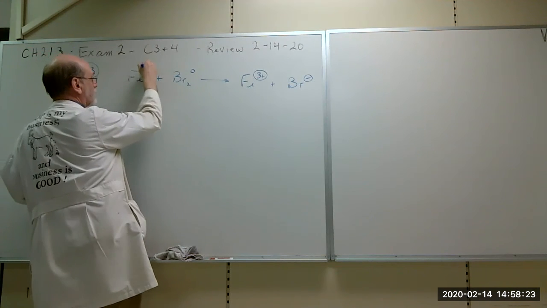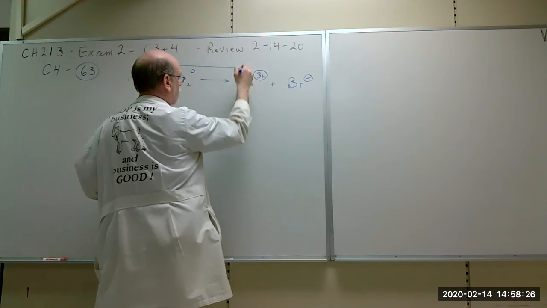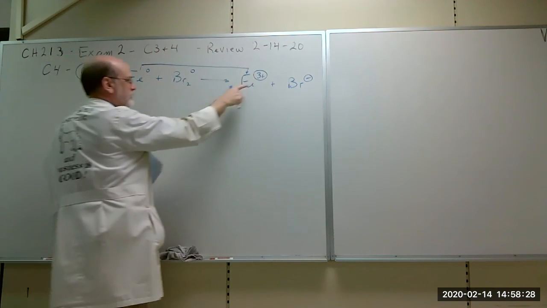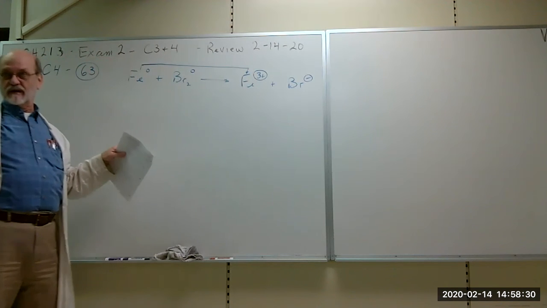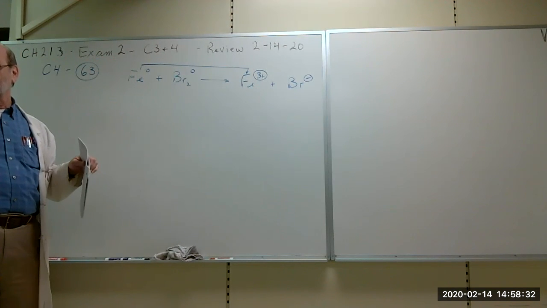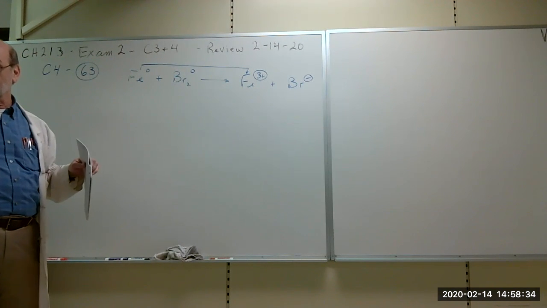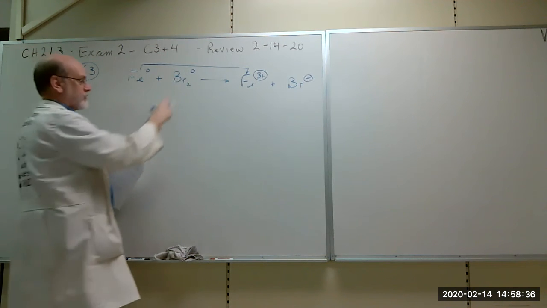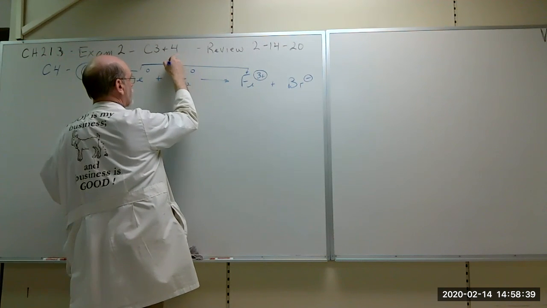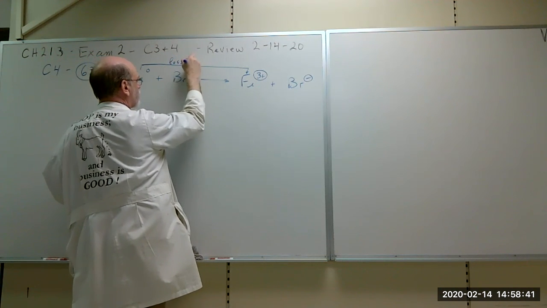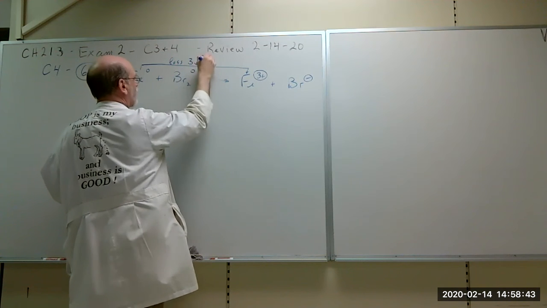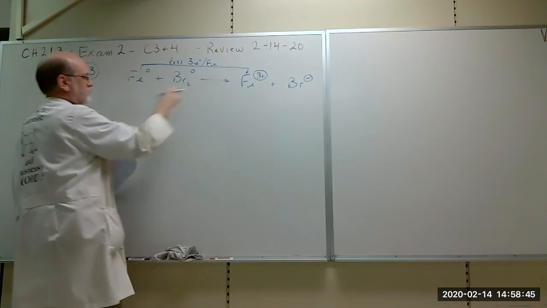For the iron, you went from 0 to 3+, which means you didn't gain 3 protons, you had to lose 3 electrons, right? To give you that 3+ excess. So there was a loss of 3 electrons per iron.